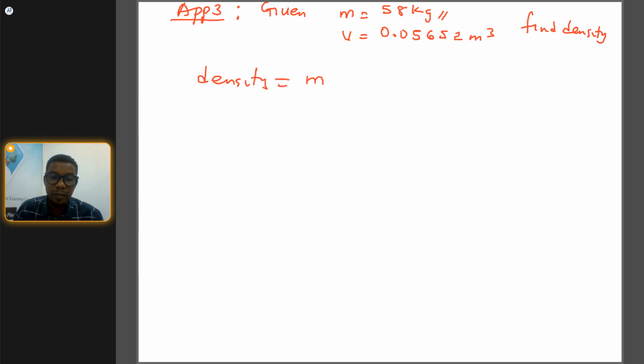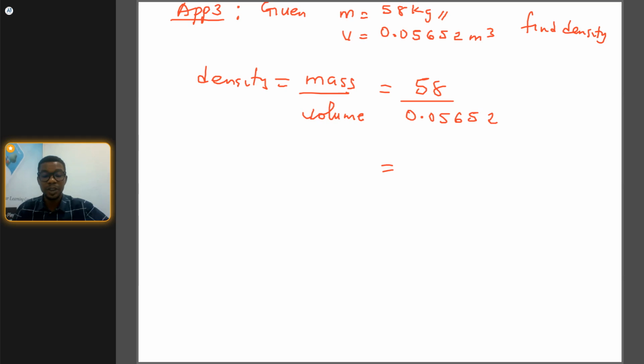equals mass over volume. So our mass is 58 over the volume is 0.05652.